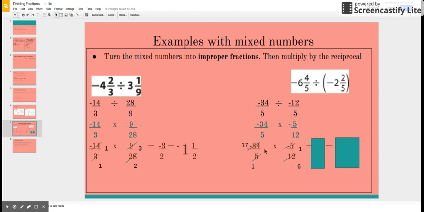I used 2 as my GCF. 34 divided by 2 is 17. 12 divided by 2 is 6. So then I just multiply across. 17 times 1 gets me 17. 1 times 6 gets me 6. 17 sixths ends up reducing to 2 and 5 sixths. Take note here, it's a negative times a negative, so my answer is going to be positive.